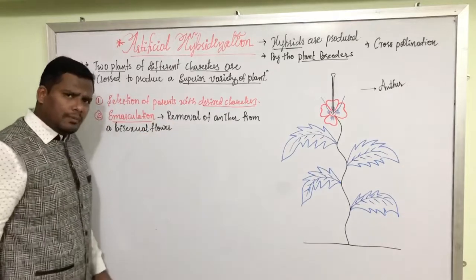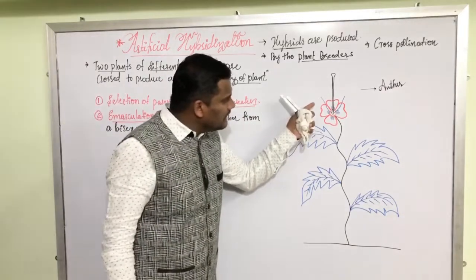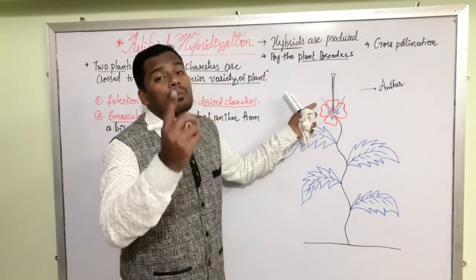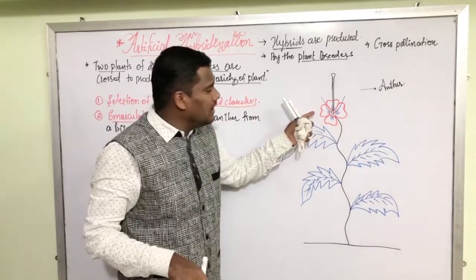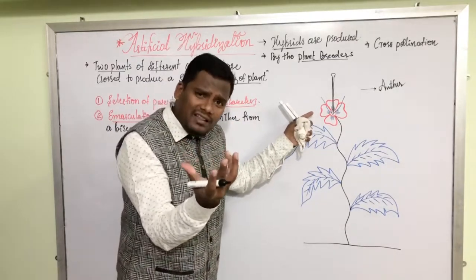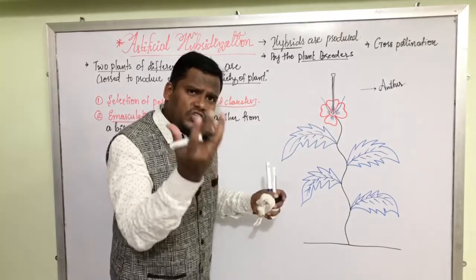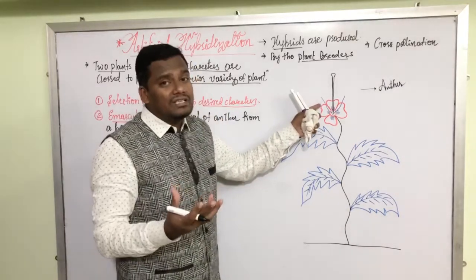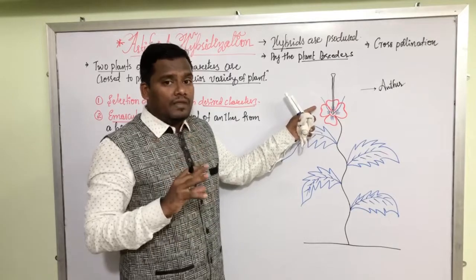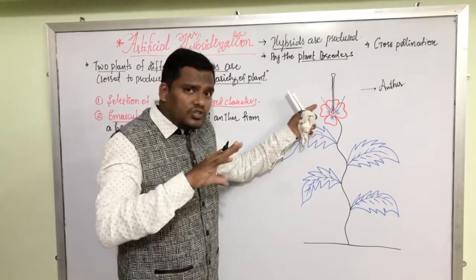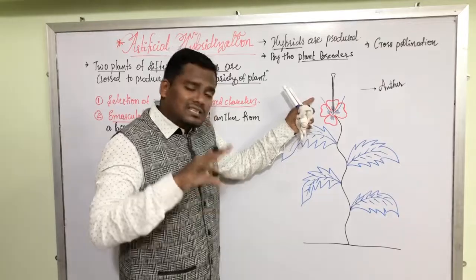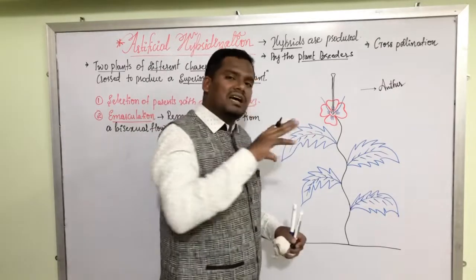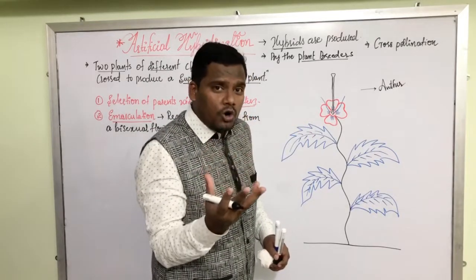The anthers are removed before the maturity of the anther. What do you mean by maturity of the anther? If the anther starts producing pollen grains, then we can consider the anther matured. If the anther is not producing pollen grains, then under such conditions, the anthers are said to be immature.